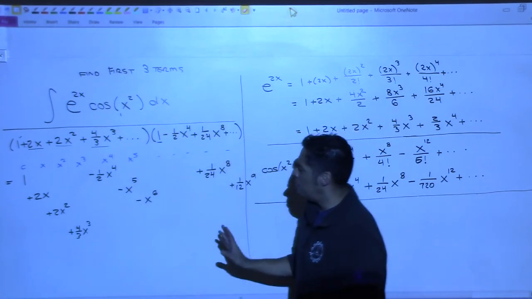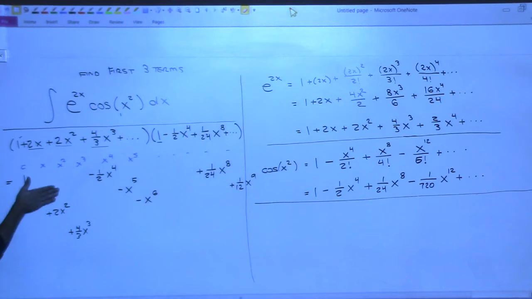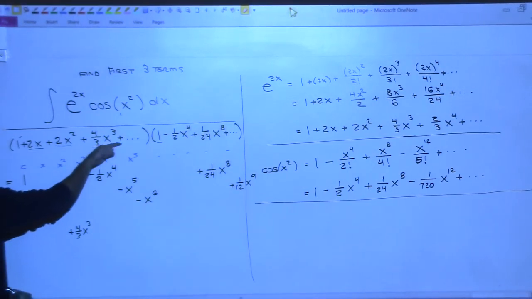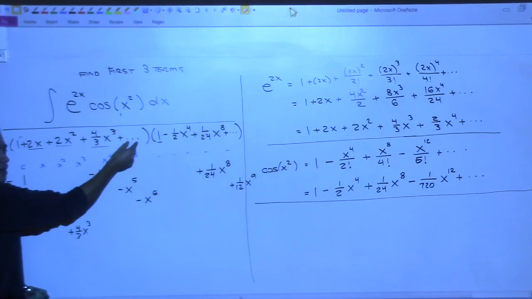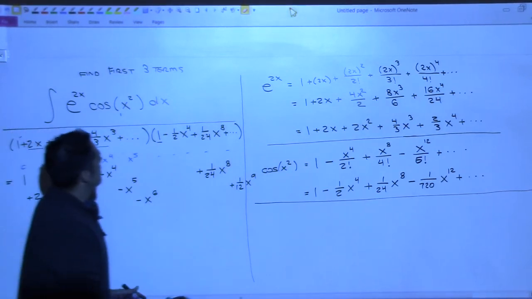So can you see that right now, my first 3 terms is this, this, and this. These 3. And then I'm never going to get anything else under here, right? Because as I move out this way, these powers are going to start getting bigger, so there's no way I'm ever going to pick up another x cubed or an x squared or an x or constant. Yeah? So, we're done.